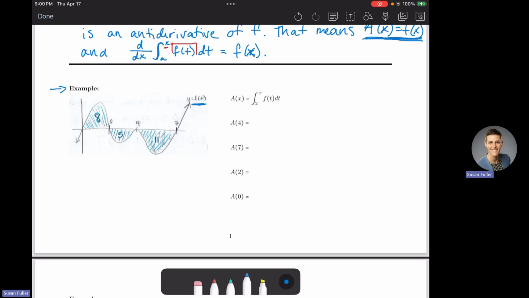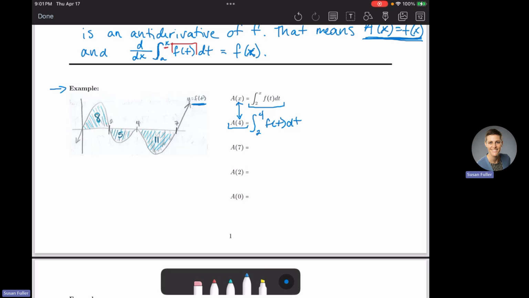Okay, so what if I want to find A of 4? Well, that means that x equals 4 in this one, and that means that my area function, because of how it's defined, is finding the area from x equals 2 to x equals 4 of f of t dt.